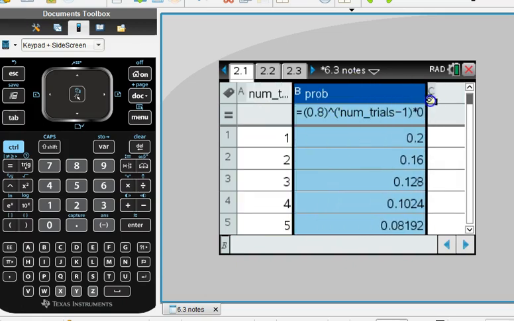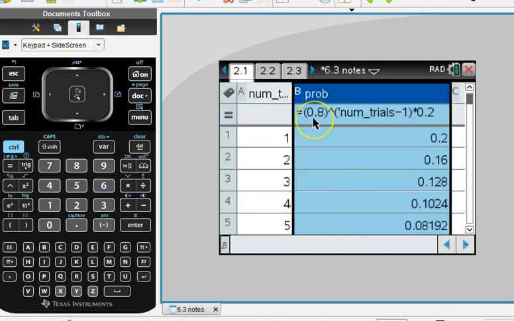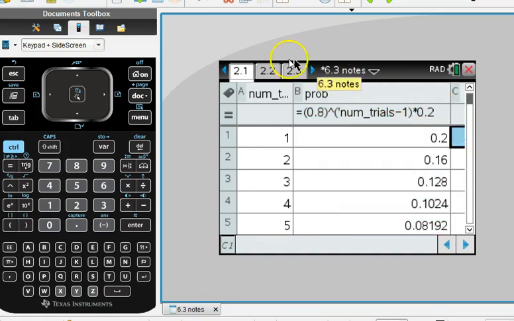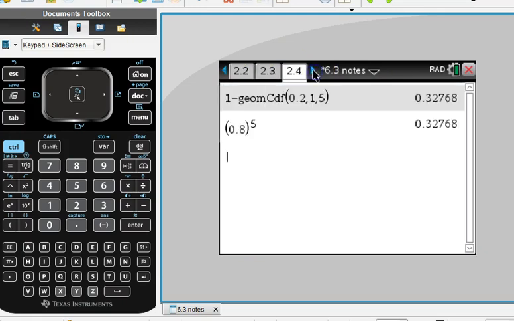The way I did that was I took 0.8 raised to the power of the number of trials minus 1, that would be our x minus 1, and then times the success. So we have this many failures times the success. When I got my first success on the first trial, that would be 0.8 to the 1 minus 1, 0.8 to the 0 times 0.2. So this is what we got. And then I made a graph of this.